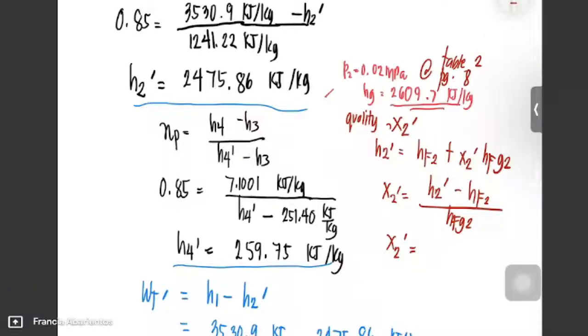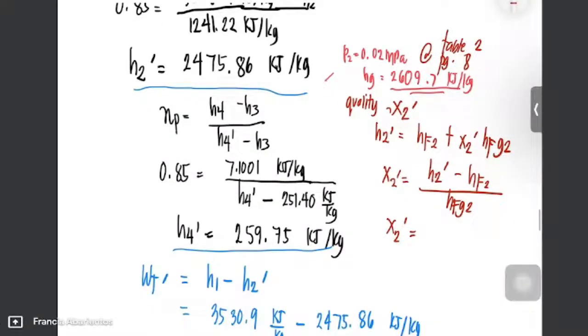Ano yung H2 natin? 2475.86 minus HF2, 251.4, divided by HFG, 2358.3. Yan. Wala sa problem pero pag pinahanap ko, this is now your quality at that point 2.